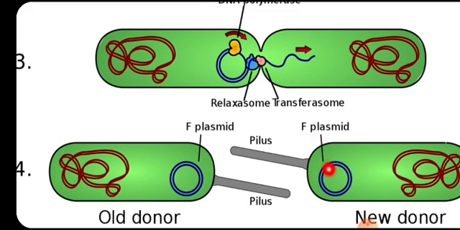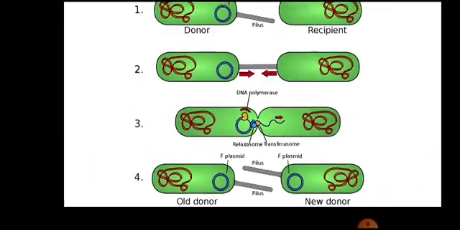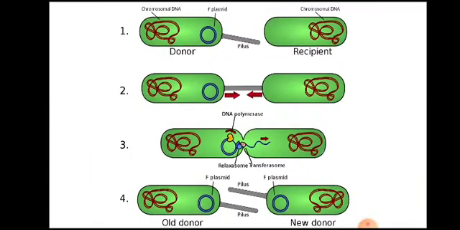So in this case, this was F negative, now this is F positive. Now it will start producing this pilus, and is ready to transfer its genetic material to the next bacterial cell. This is how there is generation of a new donor cell.